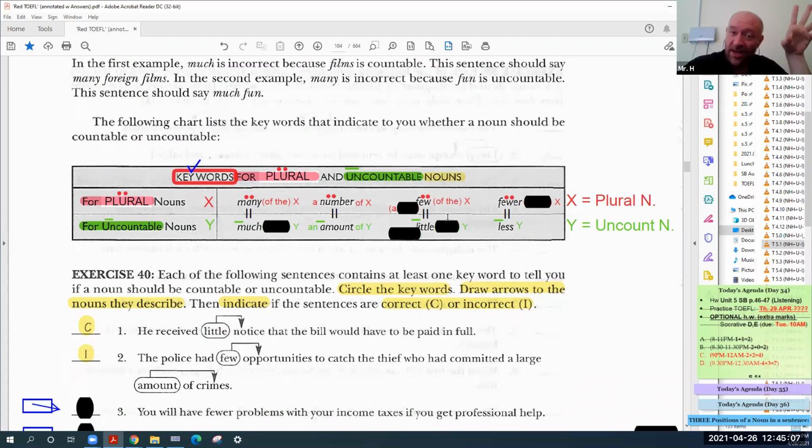Now, in Headway, you have to know the difference between few and a few. It's not the same meaning. There's a difference, and you have to know this for the final exam. What does it mean when you say few?